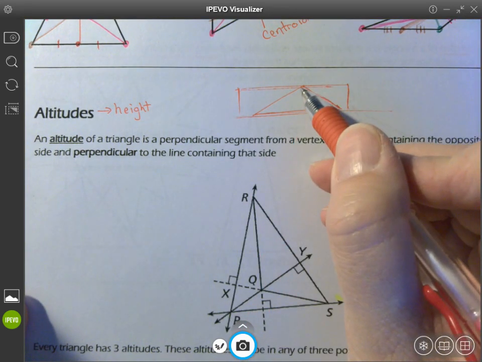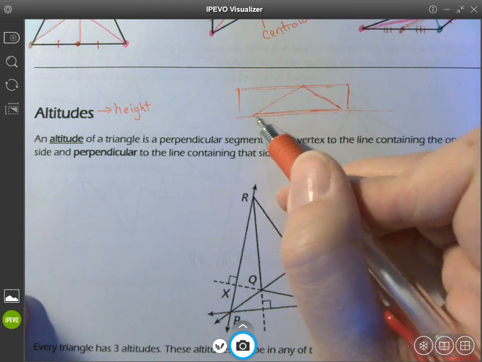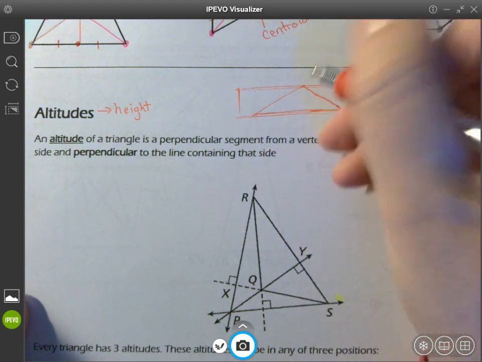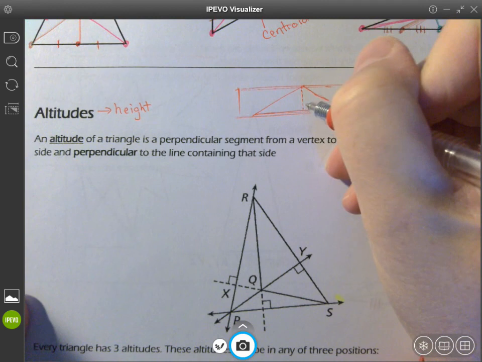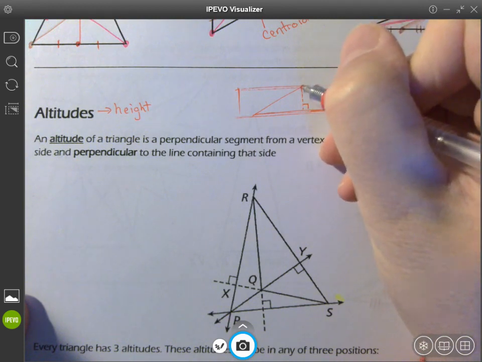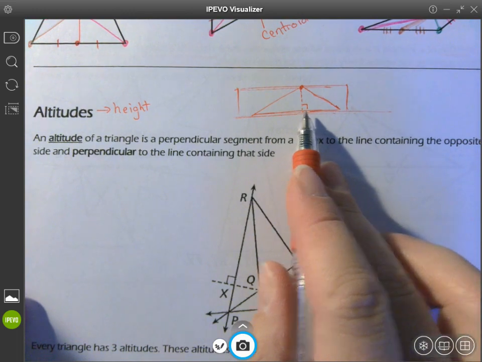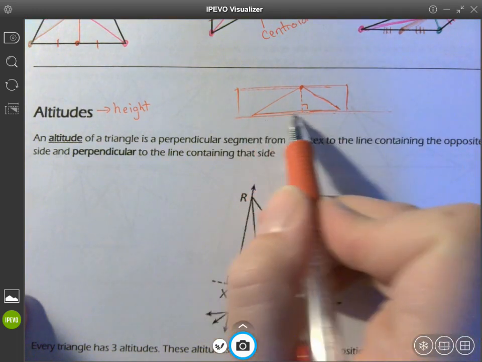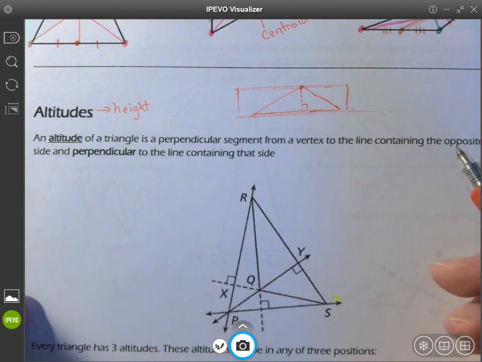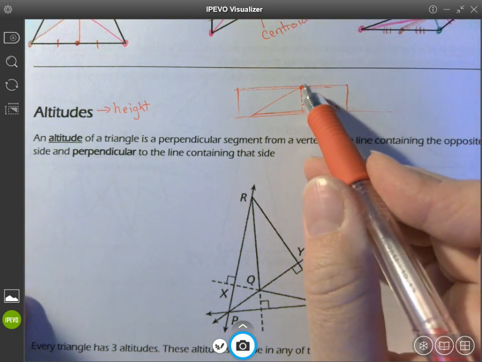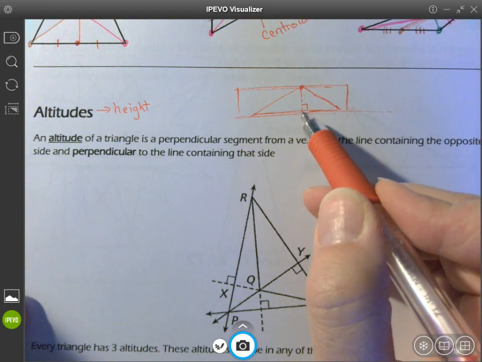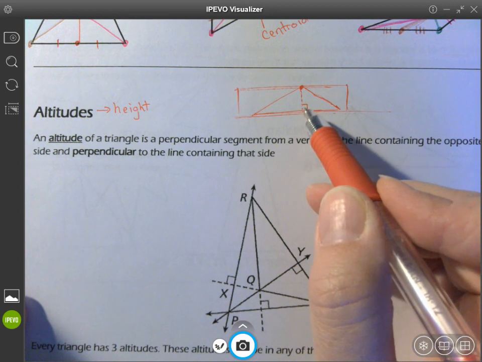I don't care how long this side is. I'm not trying to stand the triangle up on its tip. The height I need comes from that vertex to the opposite side with the 90-degree angle. Now notice that doesn't have to be in the middle. This piece is longer than this piece. But the altitude always goes from vertex to the opposite side, and it forms a 90-degree angle.